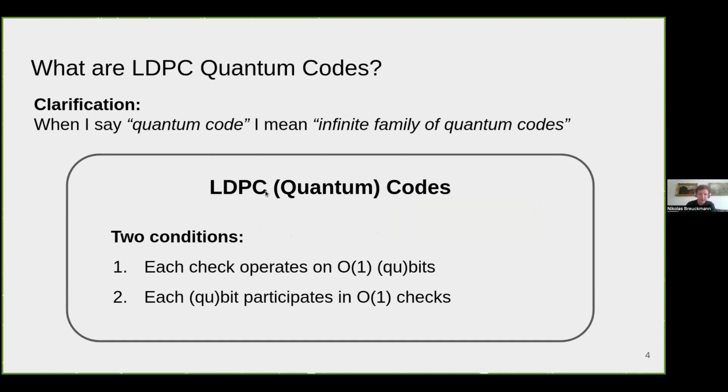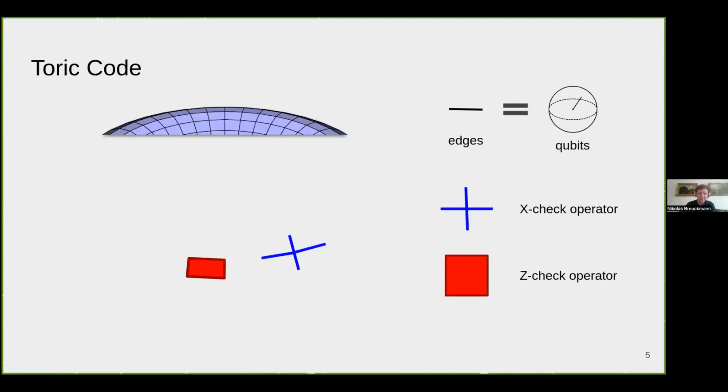You can see I now put parentheses around the Q in quantum, because the same definition holds for a class of classical codes, which is widely used pretty much everywhere around you right now, in Wi-Fi technology and also 5G and so on. This has been very successful, so it would be nice if we could use these LDPC codes in the quantum realm as well.